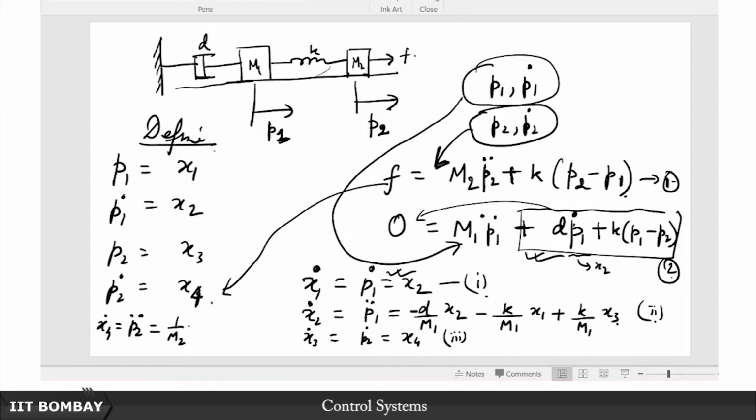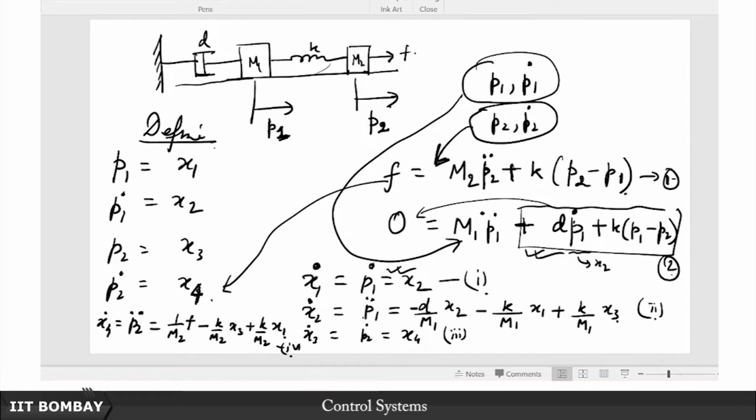So this is 1 by m2 f, f is obviously going to be there, this is the external input force. What about the other terms? Minus k by m2 p2. What is p2? p2 is x3. Plus k by m2 p1, p1 is x1. So this is my fourth equation.